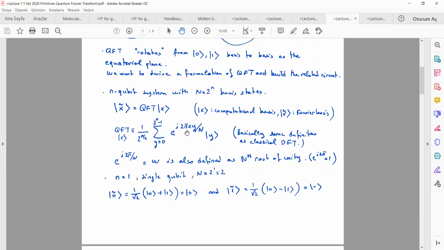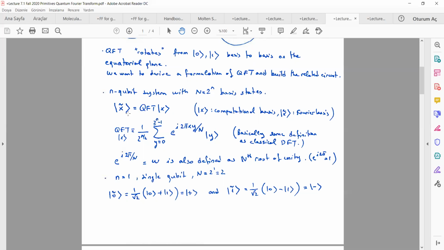So let's suppose again we start with an n-qubit system with 2 to the n basis states. This corresponds to all combinations of zeros and ones of n bits. There are 2 to the n such basis states.